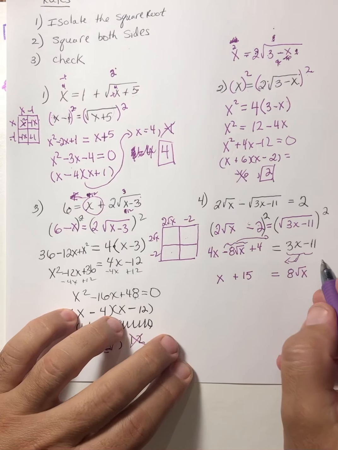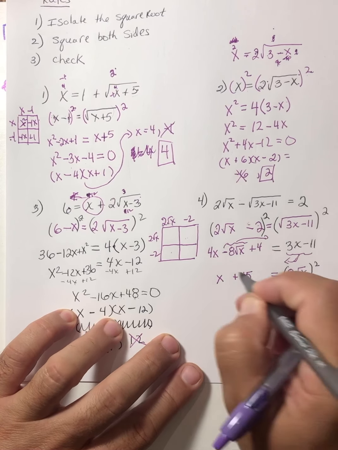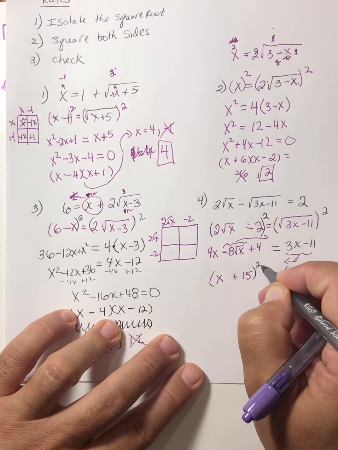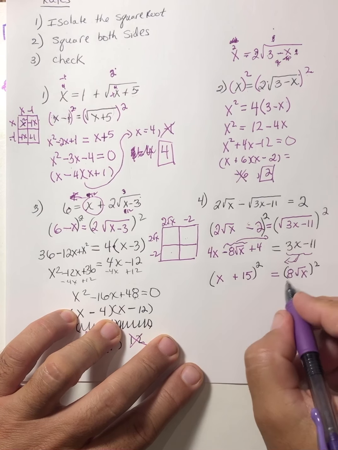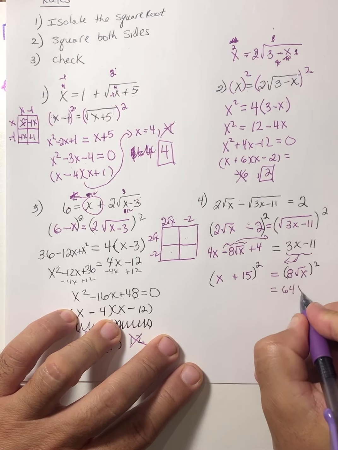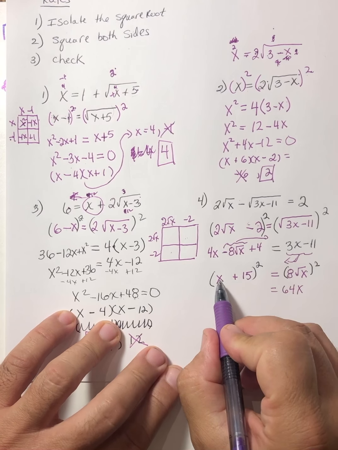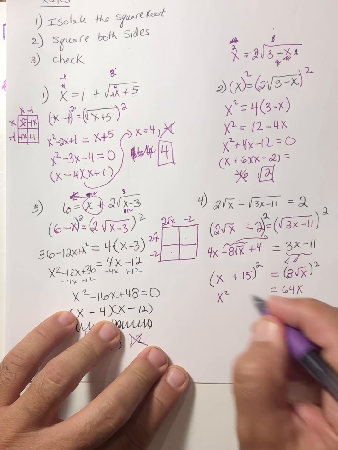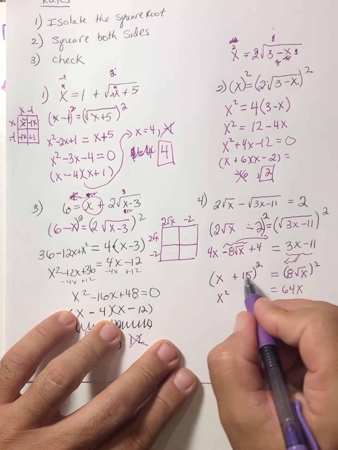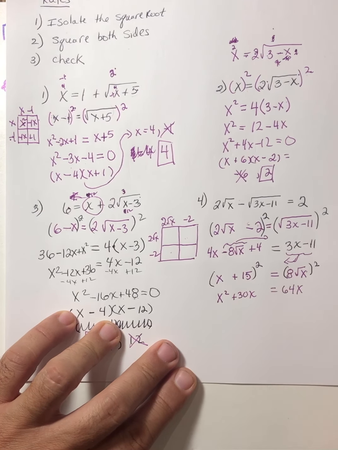All right, so squaring both sides now. Again, it's a double square problem. No big deal. So 8 radical x squared is 64x. And squaring this out, remember, x squared. Then x times 15 twice, so that's plus 30x.